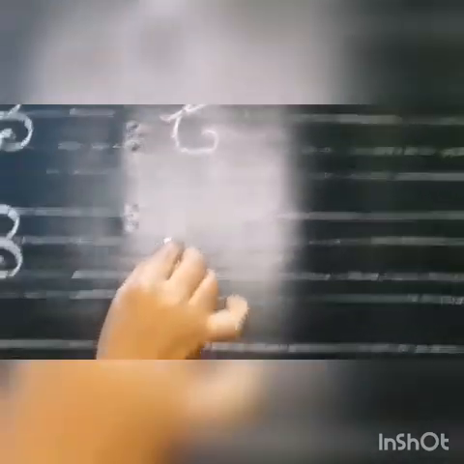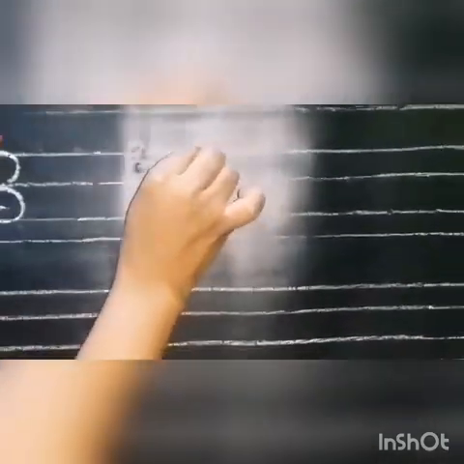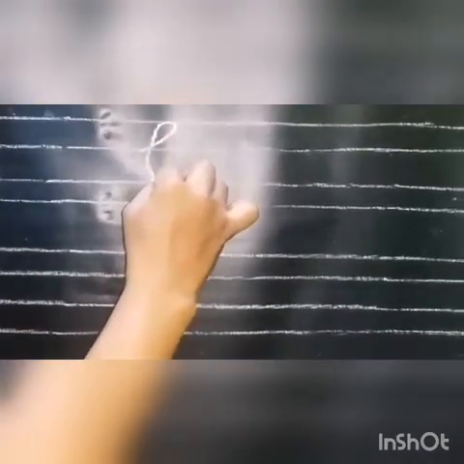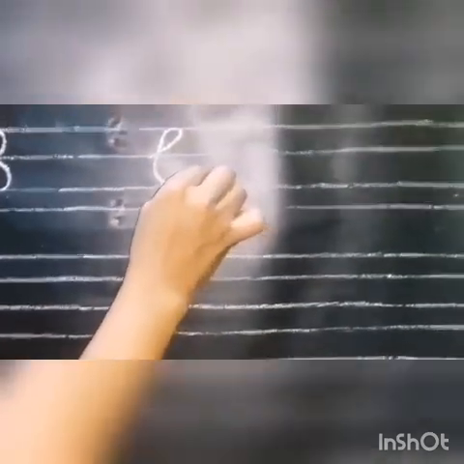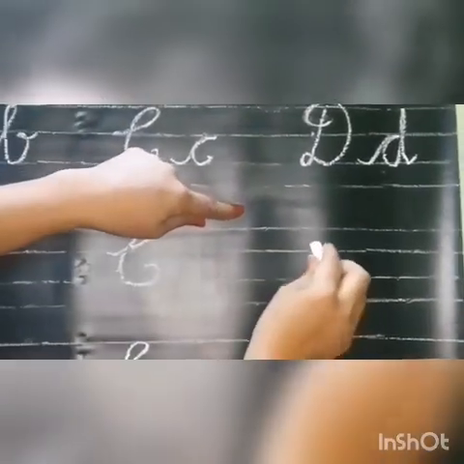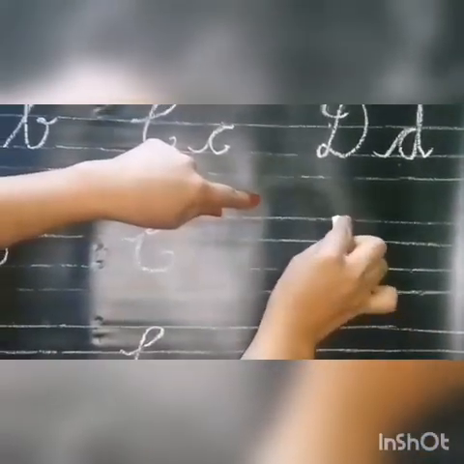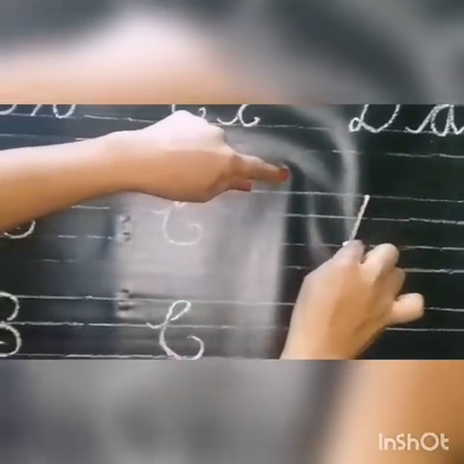Okay. Then once again I repeat it. You make a curve from the second line to the first line and make a half circle coming down to the third line. This is alphabet C. Okay. Then we start the letter alphabet D. Make one slanting line from the first line to the third line.